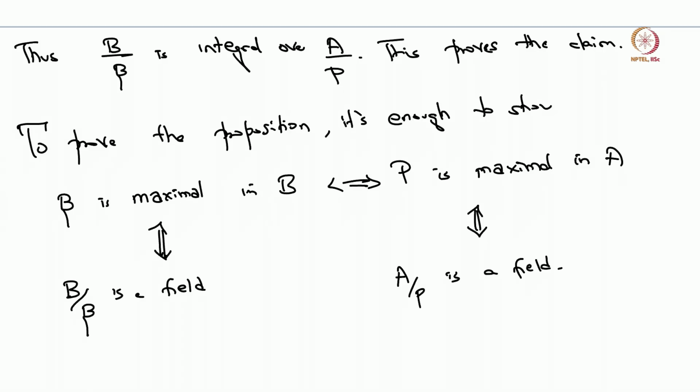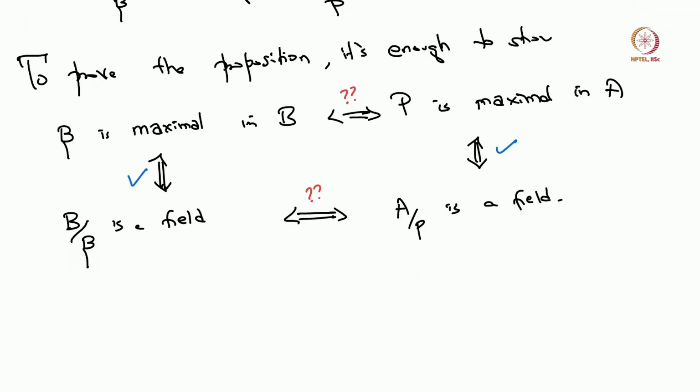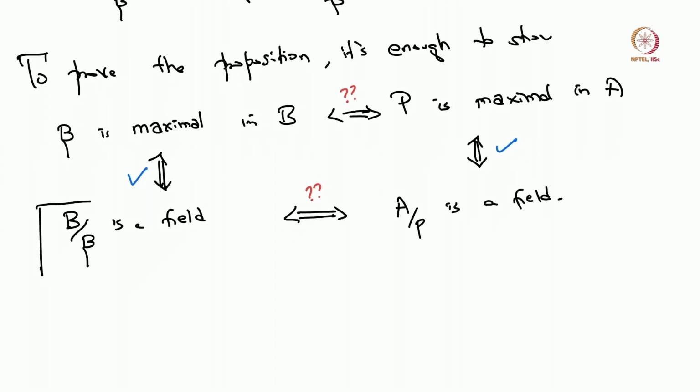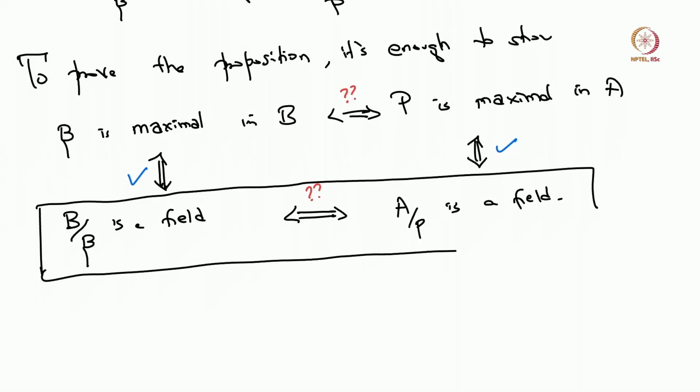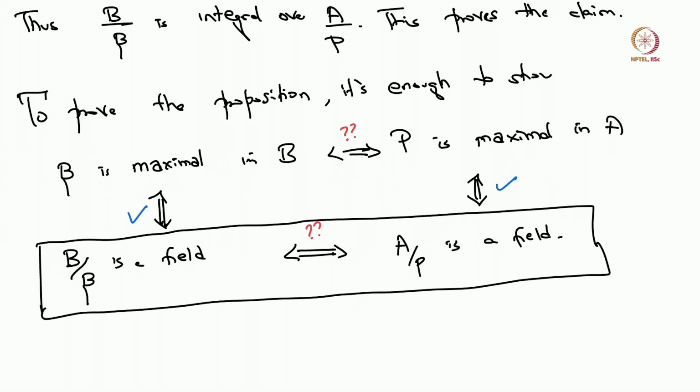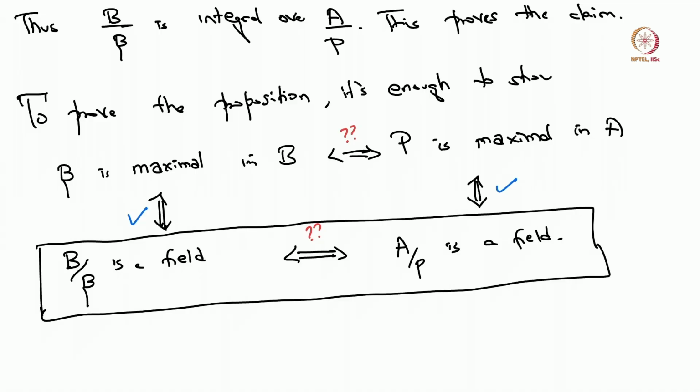Okay, so the vertical implications are something that we know. We want to show the horizontal implication, and what we've reduced it to showing is that B mod beta is a field if and only if A mod P is a field. So we reduced to showing you have an integral extension A over P into B over beta, and that B over beta is a field if and only if A over P is a field.